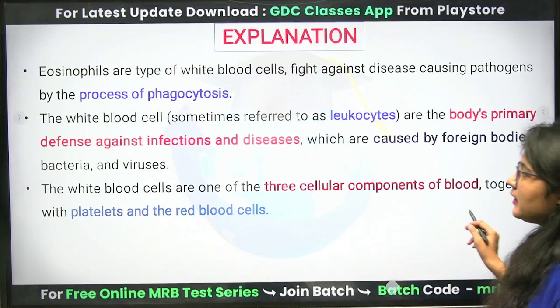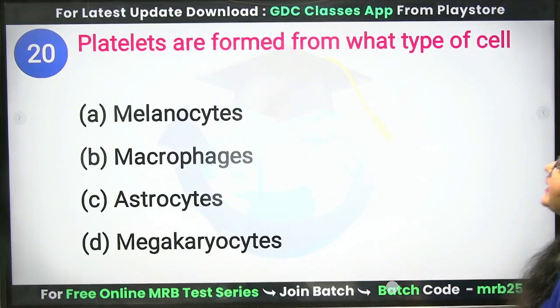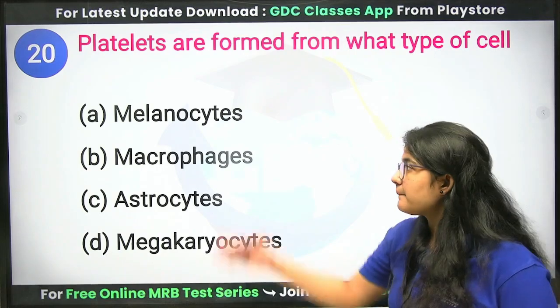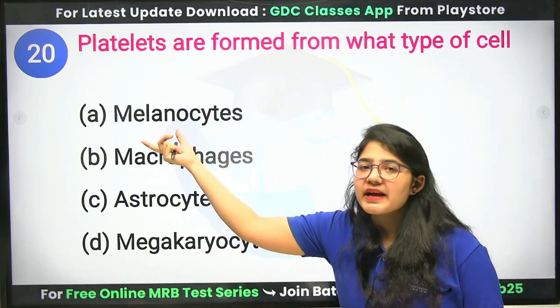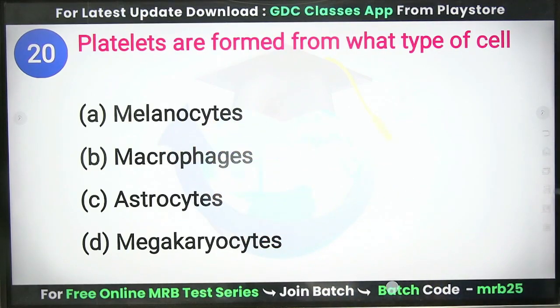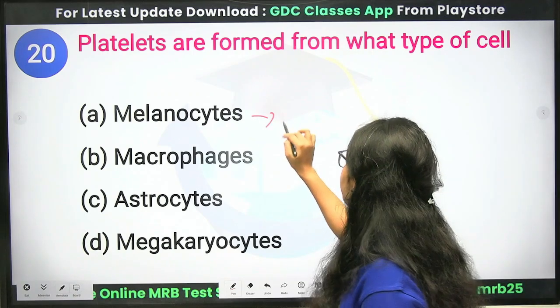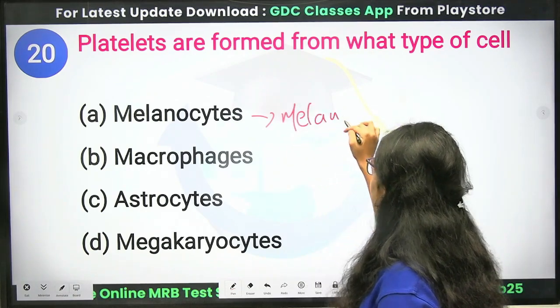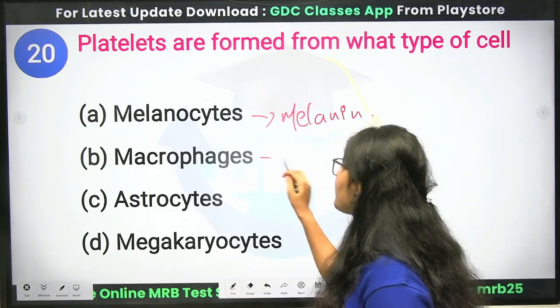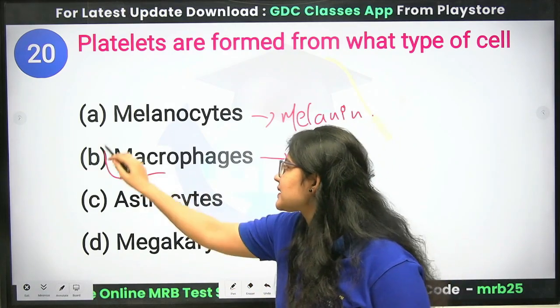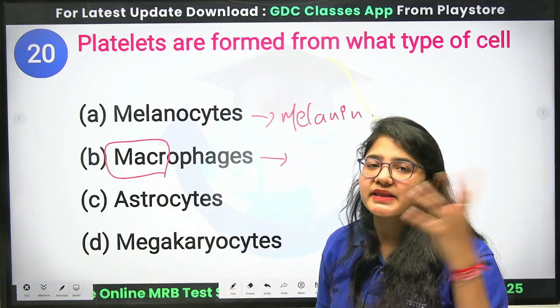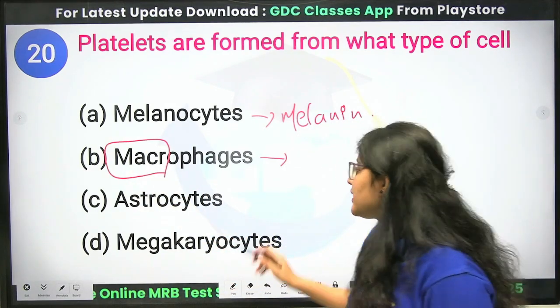Next question. Platelets are formed from what type of cell? Melanocyte is responsible for the production of melanin. Clear? Macrophages. Macro means large and phages means cell or engulfing.